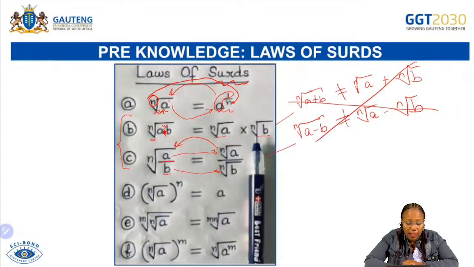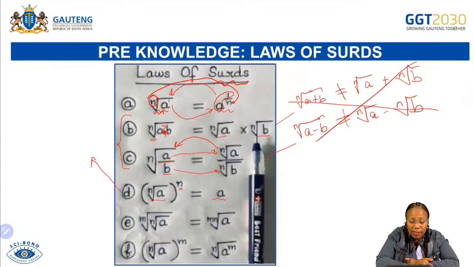And then number D, you have the nth root of a, and this root has another exponent n there. And then they say the answer is a. How did they get that a now? Let's see what is happening here. We are still applying the exponential application versus the third. Remember now, this a is a to the power 1. We are taking rule number 1 there that says the nth root of a to the power 1 is the same as a to the power 1 over n.